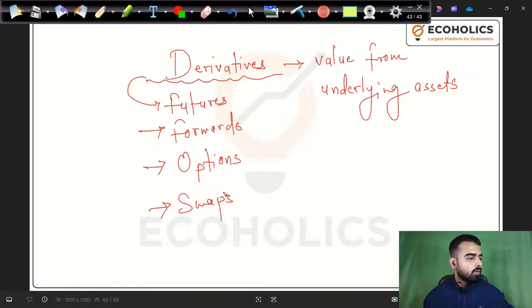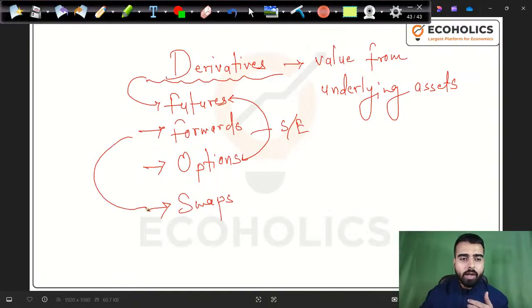Now see. What Jane Street has done, what they are calling legitimate arbitrage, they have done it in the futures and options segment. Why so? Because these two are the only derivatives that can be traded on a stock exchange. Only these.